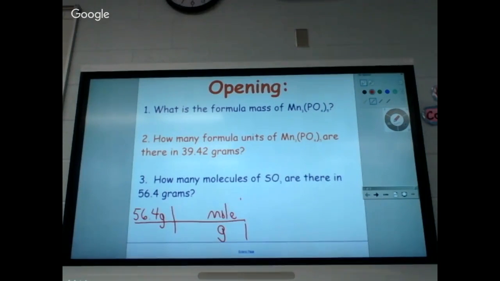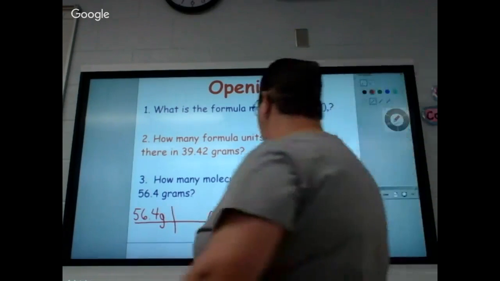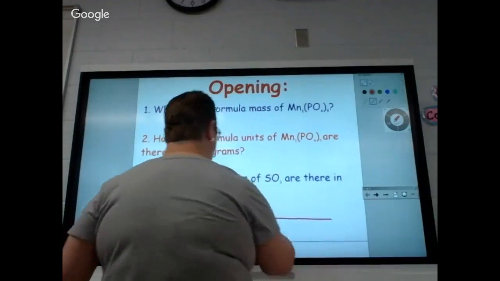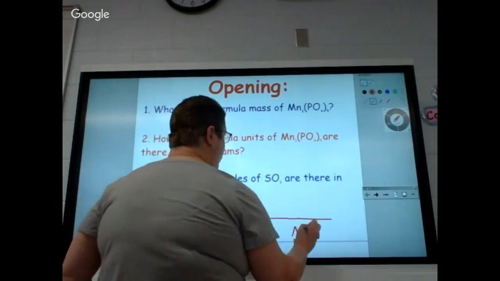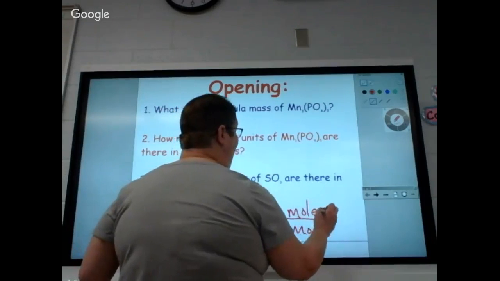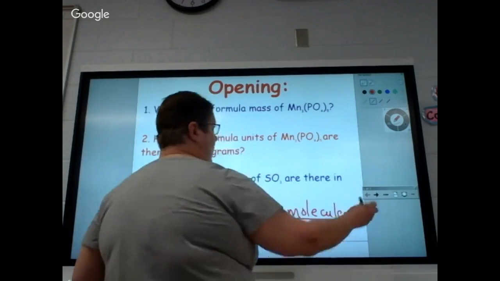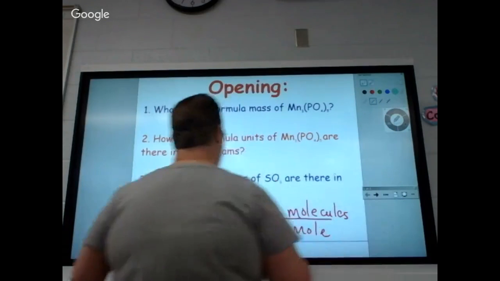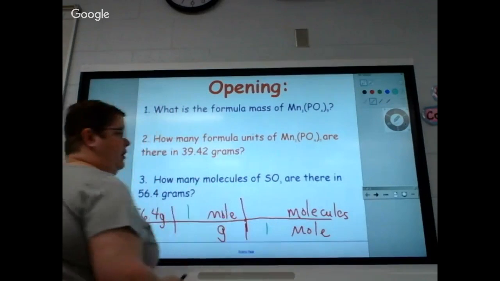They think moles and molecules are the same thing, and they just stop the chart there. Okay? This is the mistake that's made on the test most often. So make sure, if you see a question like that on the test, that you remember that moles and molecules are not the same thing. Okay? So again, moles gets 1, molecules gets what?